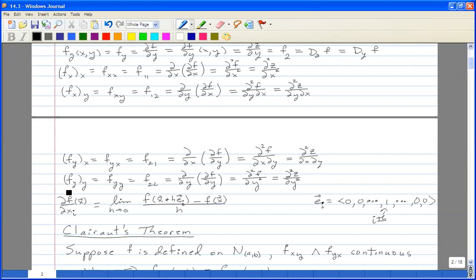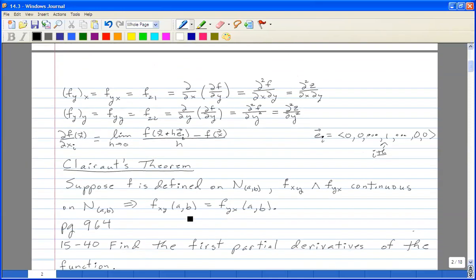And so curly d f over curly d x sub i is equal to the limit as h approaches 0 of f evaluated at x plus h e sub i, so only the ith component is varying, minus f of x, over h.